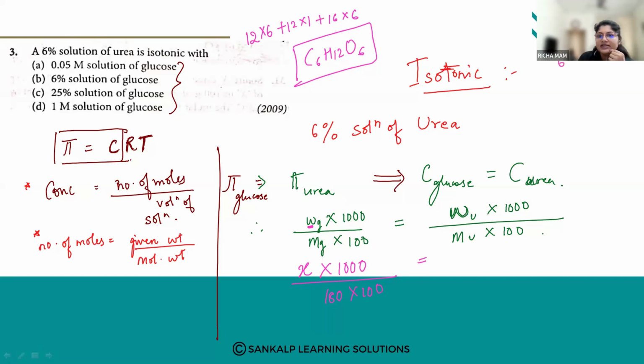Given mass of urea is 6%. 6% is nothing but 6 by 100, so it is 6. So 6 into 1000, then urea is 60, so that is 60 into 100. So this is 1000 and this is 100. Now you do the simple calculation.